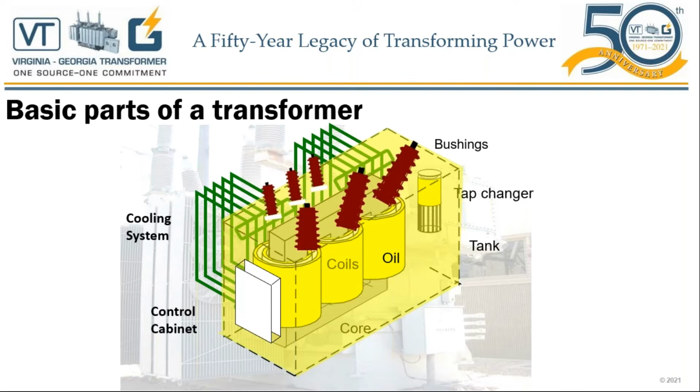Could be an in-tank LTC, or it could be an on-tank LTC. Bushings to bring the energy outside the tank, control cabinet, the cooling system, and the tank itself. And of course, the liquid could be mineral oil, FR3. These are the basic parts that make a transformer function in the field.